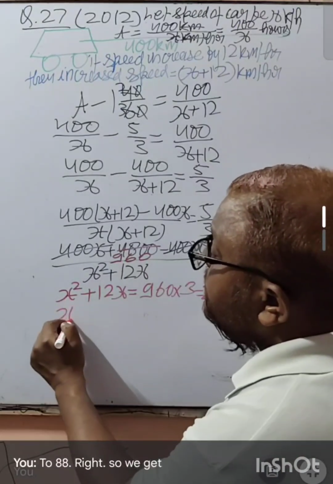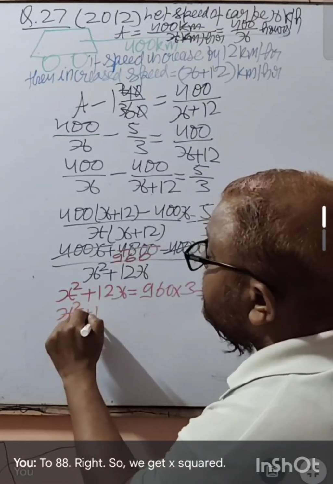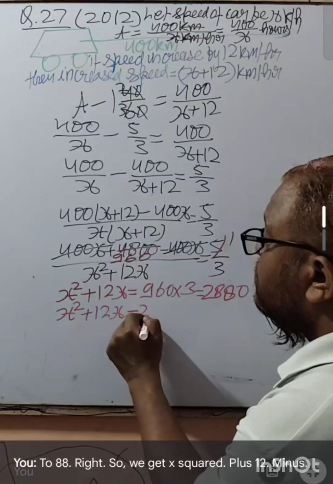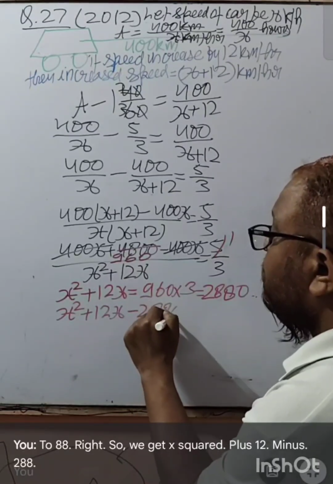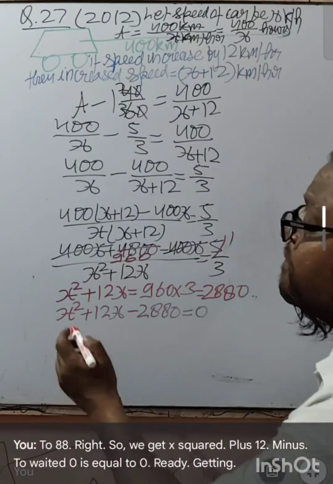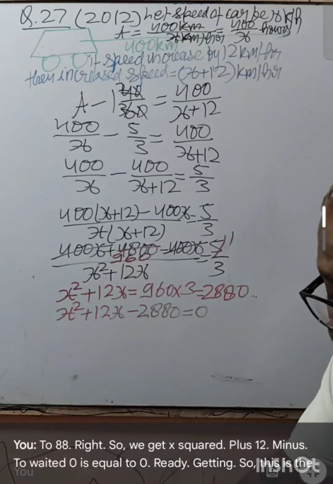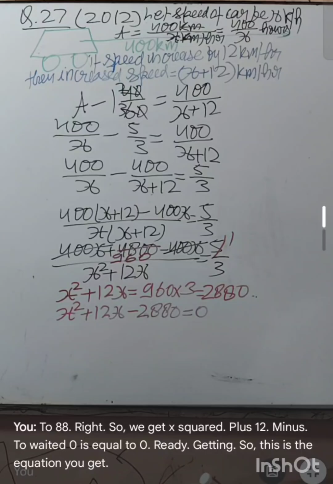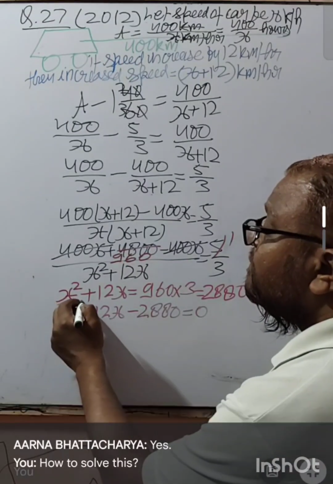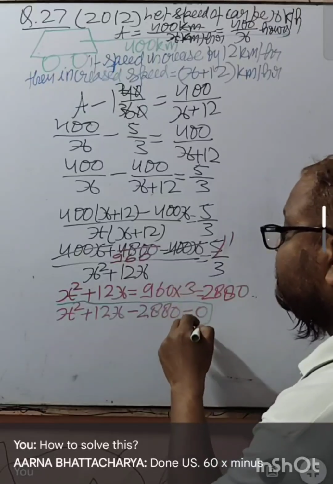So we get x square plus 12x minus 2880 is equal to 0. Getting? Yes, sir. So this is the equation you get. How to solve this? Sir, 60x minus 48x.